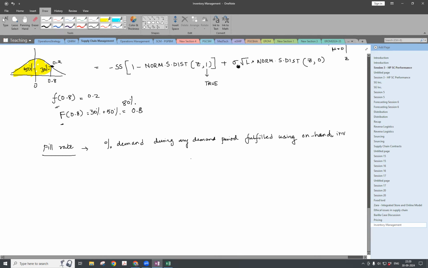While I have mentioned any demand period, because we might have multiple demand periods, you can say this is the average demand period, right? Over multiple periods, so you can take an average of the percentage demand fulfilled.